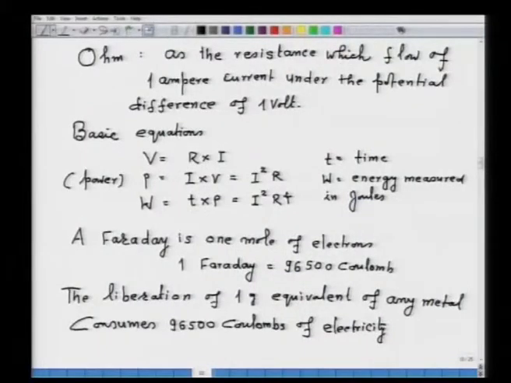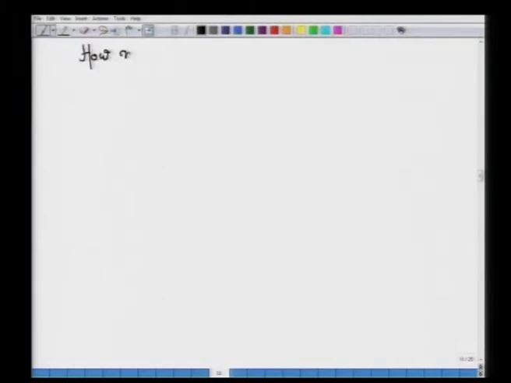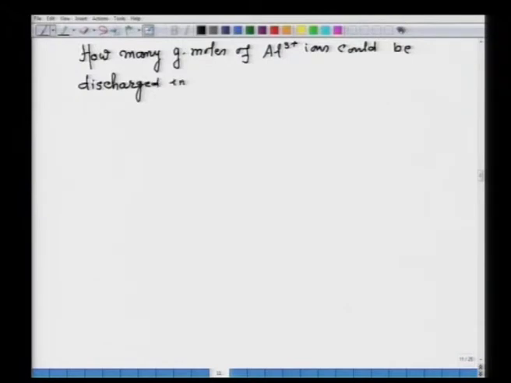Now, let us consider, say, how many gram moles of Al3 plus ions could be discharged in 1 minute by 1.9 into 10 to the power 4 ampere current if no loss of current occurs.